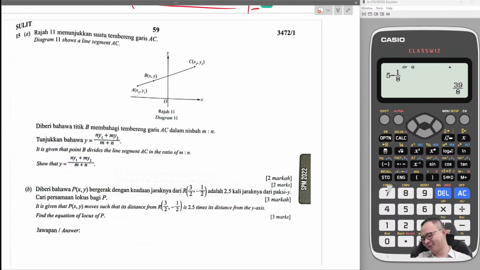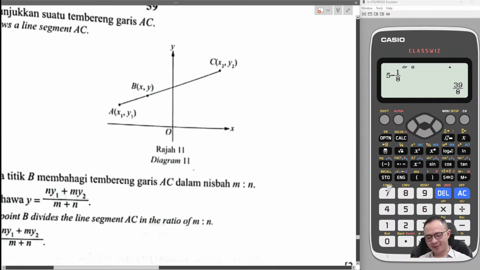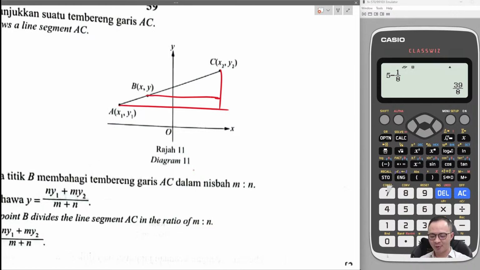Let's show. How to show it? Yeah, I think it's about drawing a triangle. It's not mistaken. Oh my god.